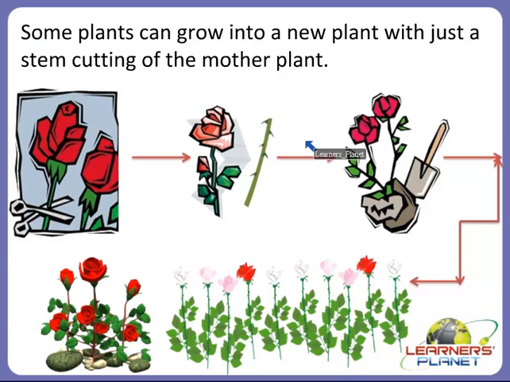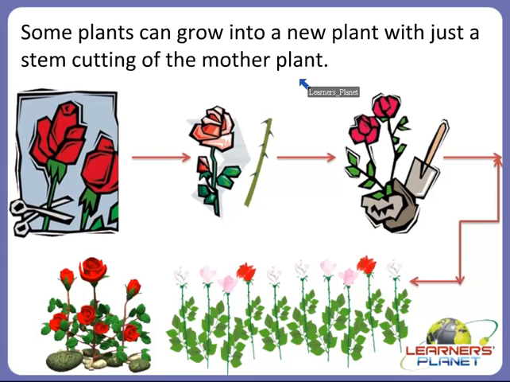So children, there is also a mechanism of this stem that grows into a new plant, right? So let's see one example, right? Some plants can grow into a new plant with just a stem cutting of the mother plant, right?